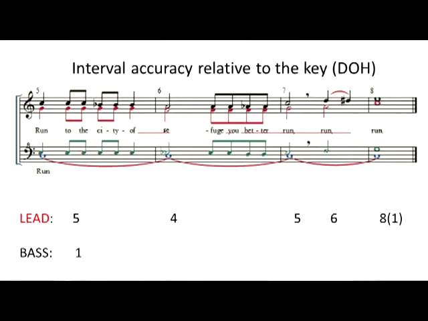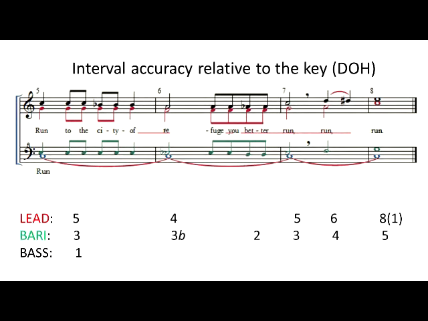All right, baritones. Run to the city of refuge, you better run. So this one is a little bit down. Run to the city of refuge, you better run. In piano tuning. All right, one more time. Baritones.